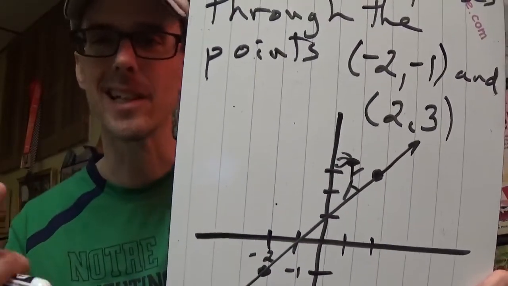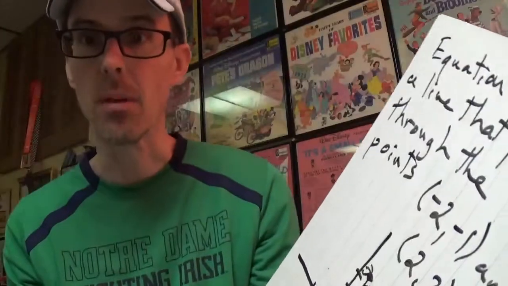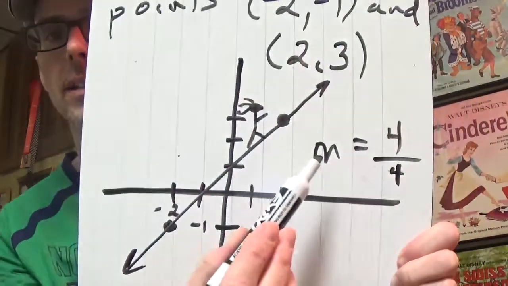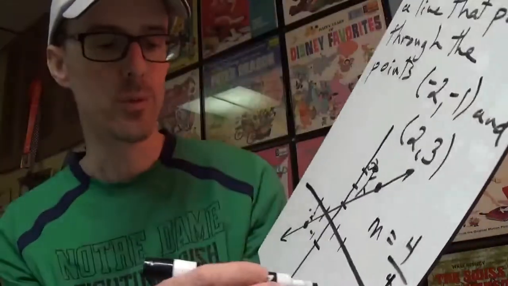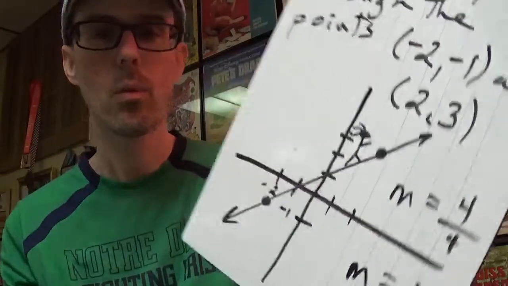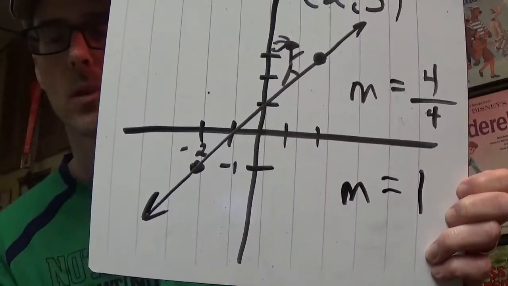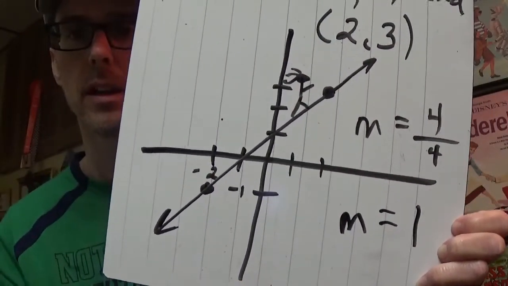You could kind of take like the 7th grade approach here. You could count blocks because they're all integers. It'd be fairly straightforward to do the blocks. So it looks like we rise, or Gunther rises 1, 2, 3, 4. Rises 4, and then he runs 1, 2, 3. Also runs 4. So I got a slope of 4 over 4, which we all know reduces to 1 over 1, or just 1.